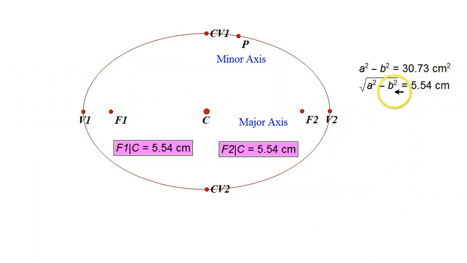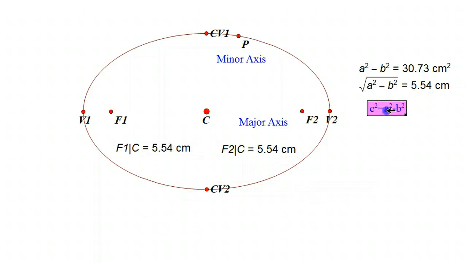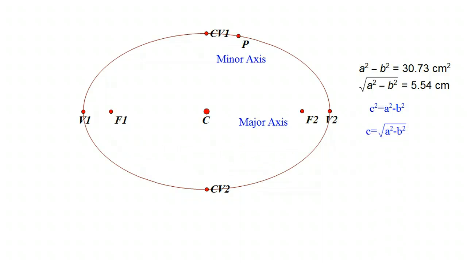So we have a way of calculating this distance based on what a and b are. There's a relationship that's important to note: if we let c squared be the difference between a squared and b squared, where a is larger than b, then c, the square root of a squared minus b squared, is the distance between the center and the focus point, as we see here.